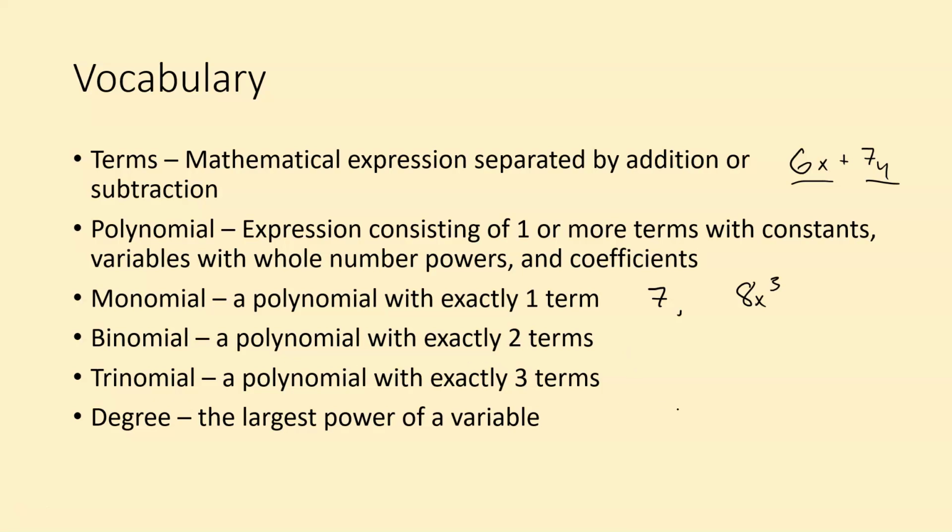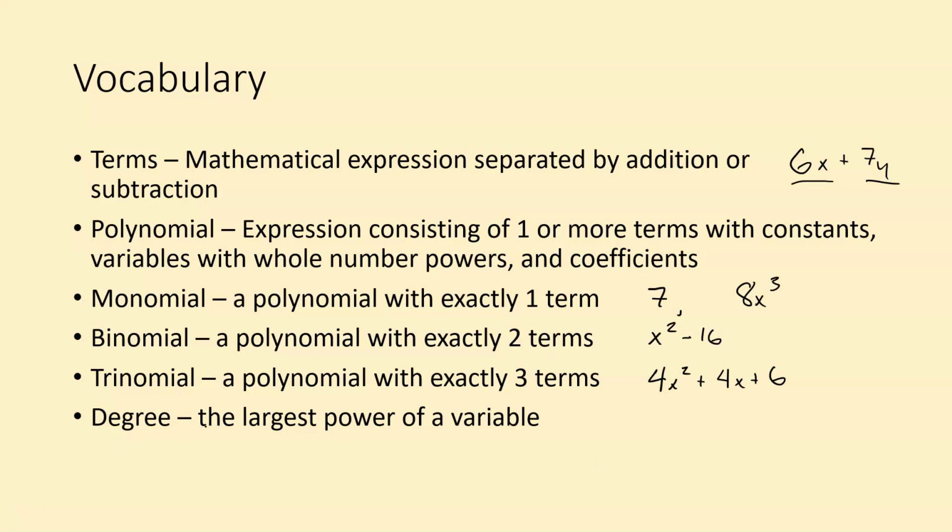Trinomial, polynomial with exactly three terms. So your quadratic, this is a trinomial, has 1, 2, 3 terms. A lot of quadratics that you're given are trinomials if they have this middle term. If they don't, if it's maybe a difference of squares, that's a binomial, right?